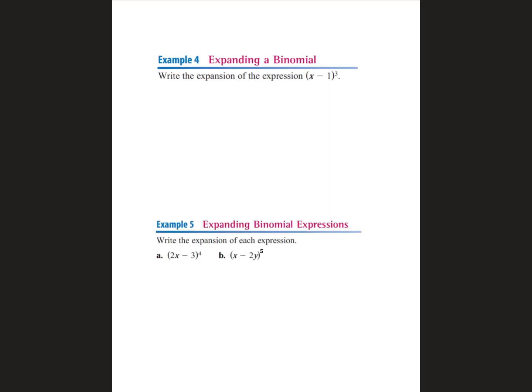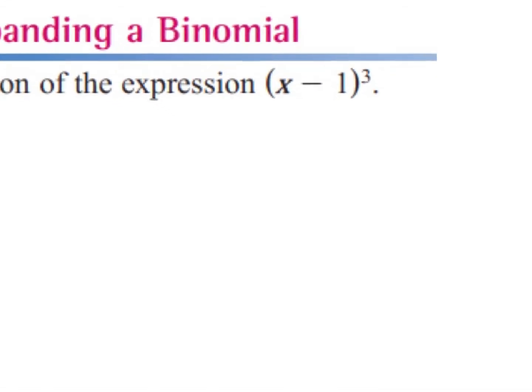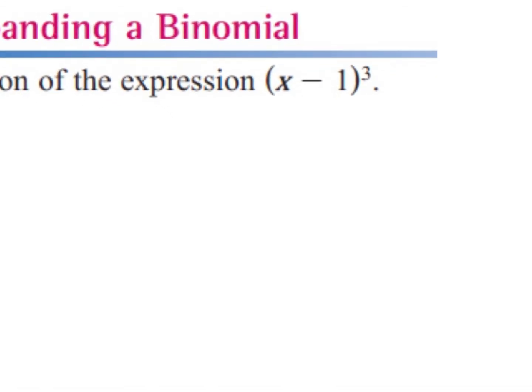Let's look at example 4. So which row of Pascal's triangle are we looking at? The 3rd row, because our exponent is 3. What are the coefficients in our 3rd row? 1, 3, 3, 1.